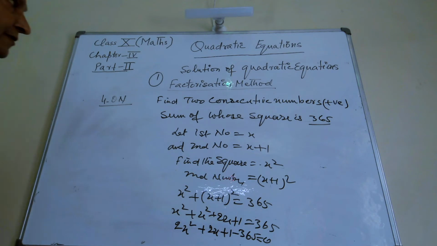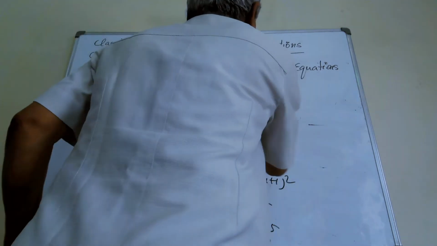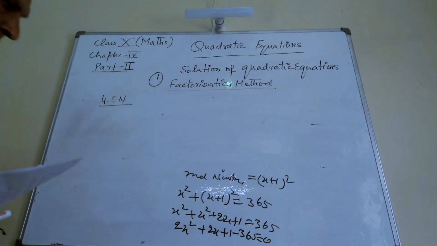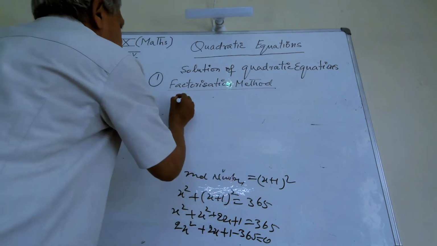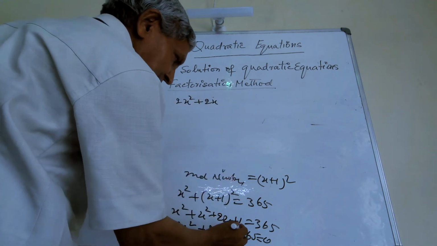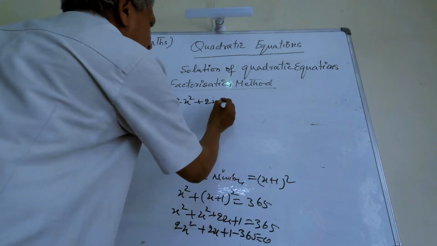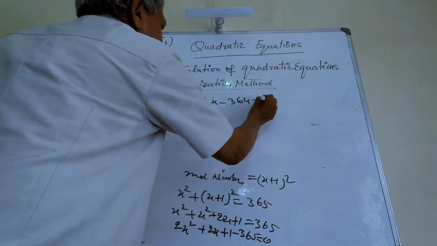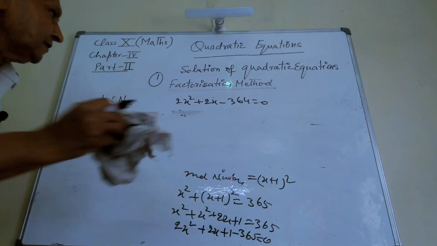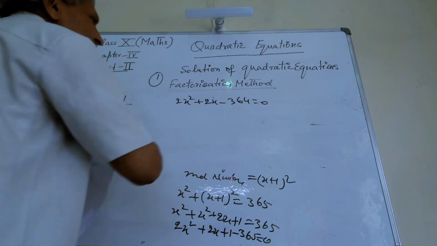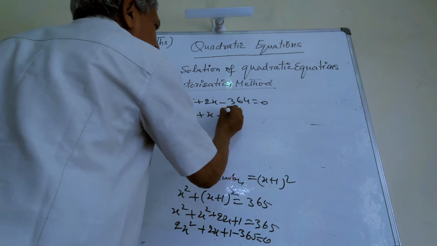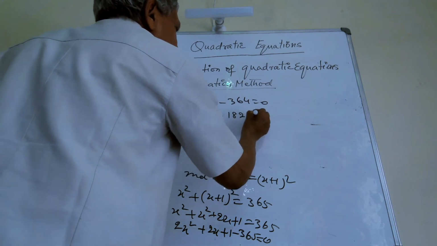Now 2x square plus 2x plus 1 minus 365, which is minus 364, is equal to 0. Divide this equation throughout by 2. x square plus x minus 182 is equal to 0.